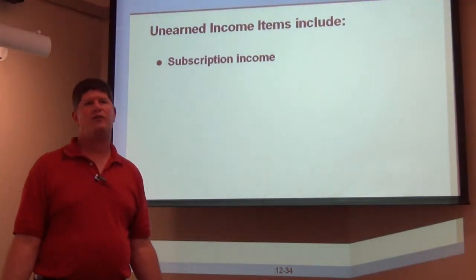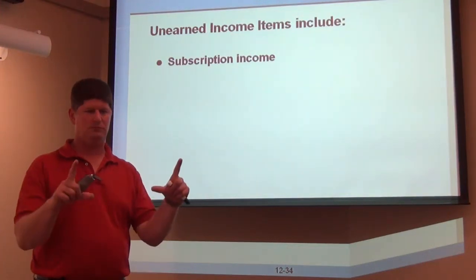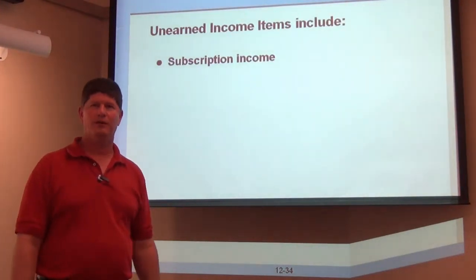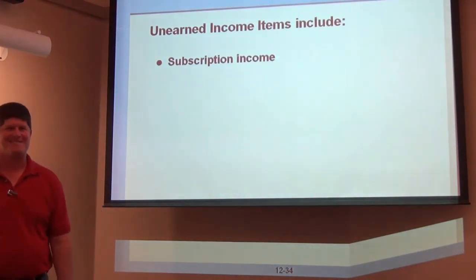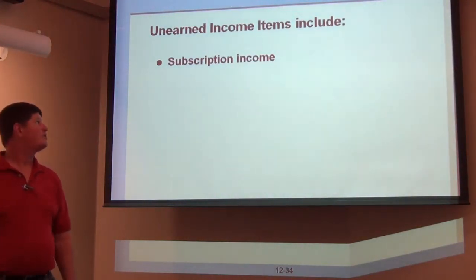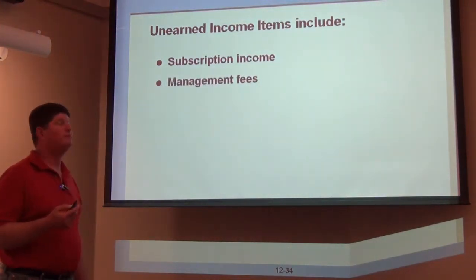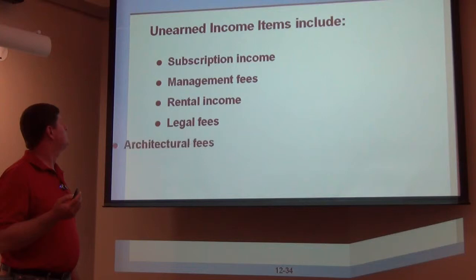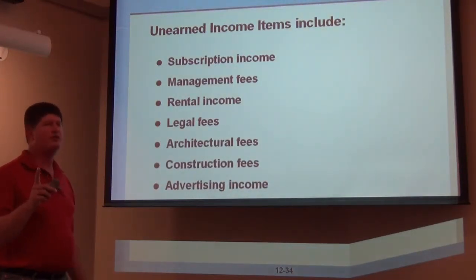You earn 1/12 of the $100 every month when you send them another magazine in the mail, okay? So you'd be making an entry every month. We'll show you an example in a second.